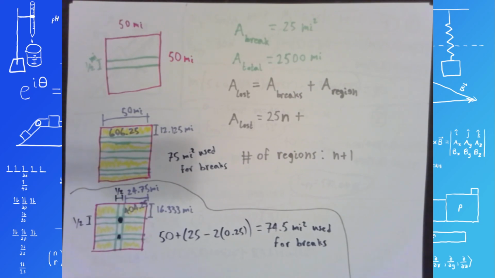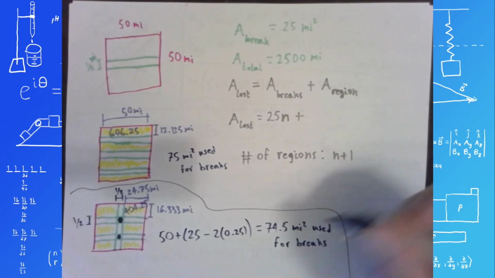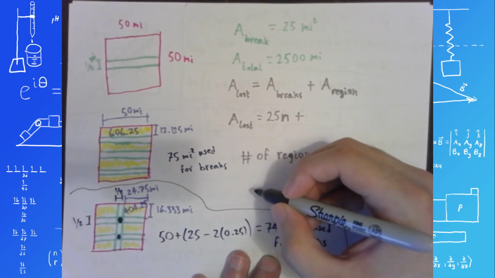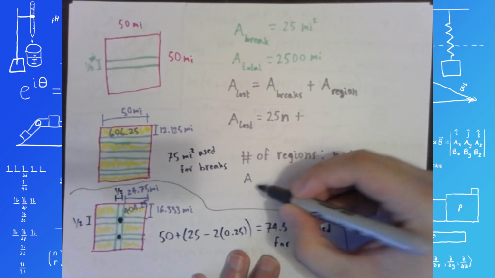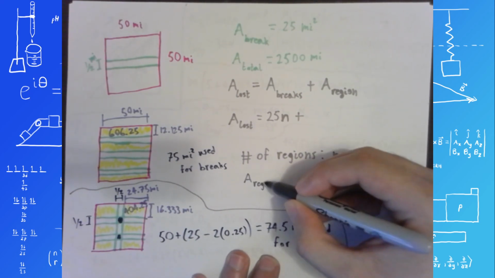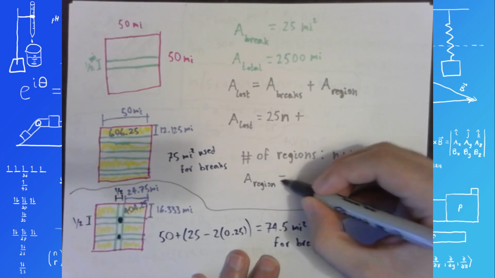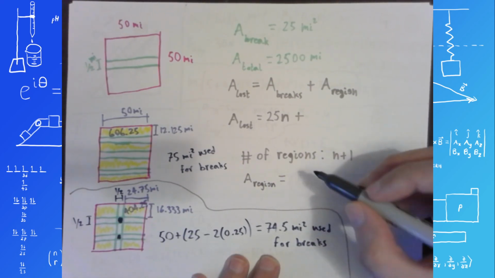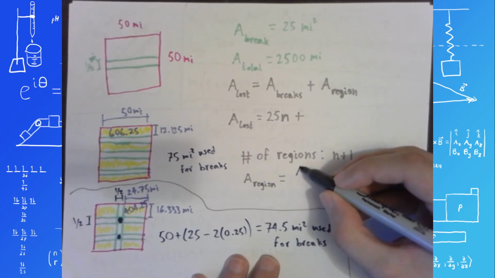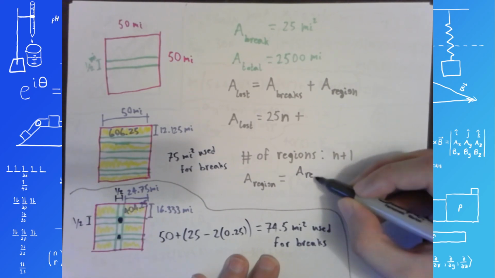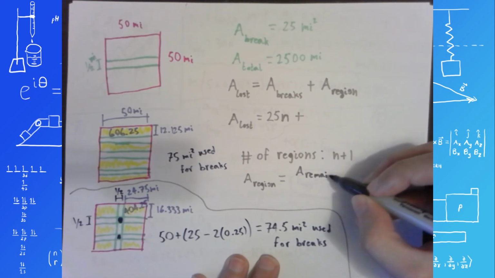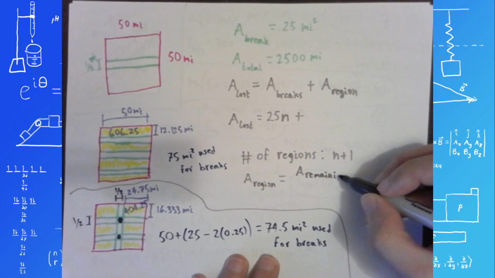Okay, and the area of a region then is going to be the total area remaining, I'll call it area remaining after you've installed all your fire breaks.